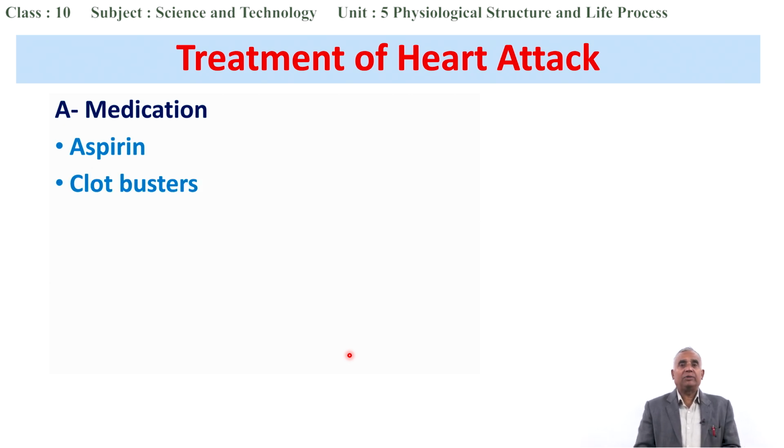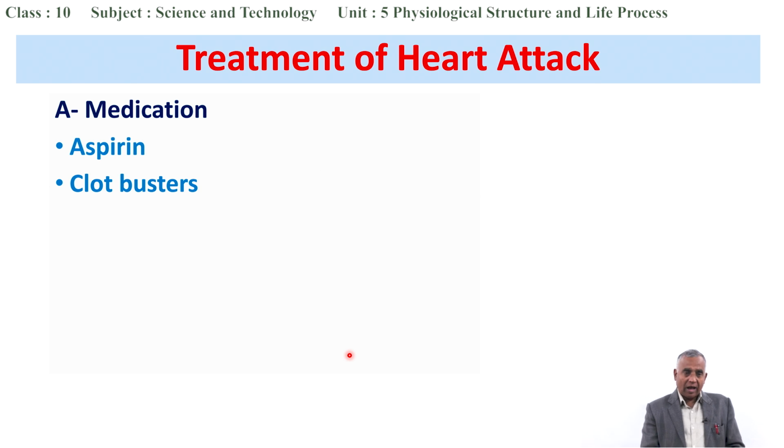Next one is clot busters. Clot busters are medicines which reduce the process of blood clotting. Fibrinogen is also made less active, or you can say made slightly passive, by which blood does not clot.